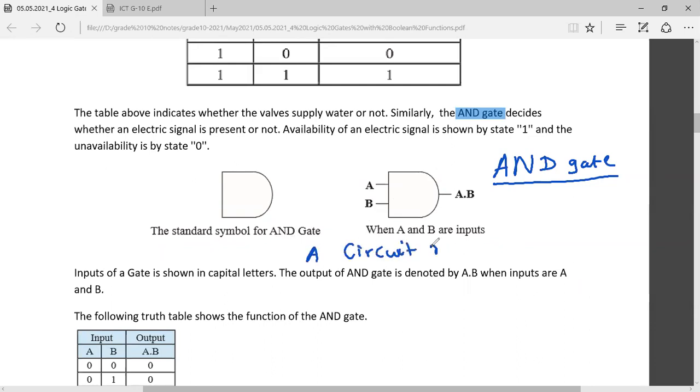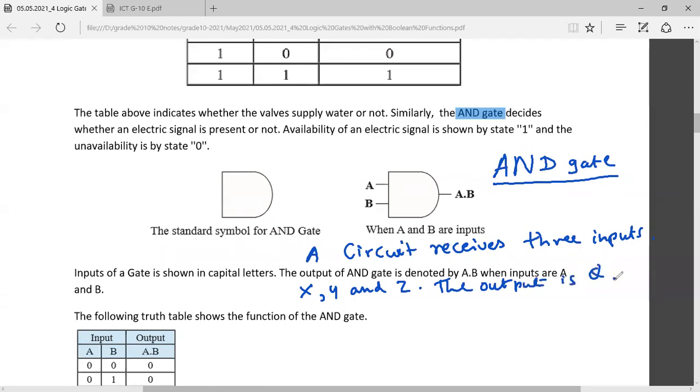A circuit receives three inputs x, y and z. The output is q.